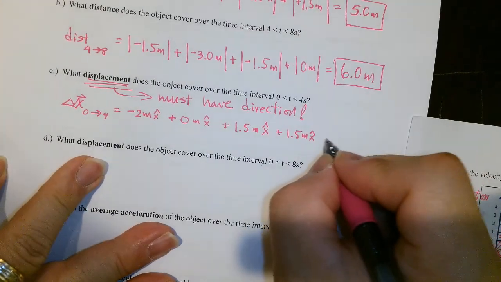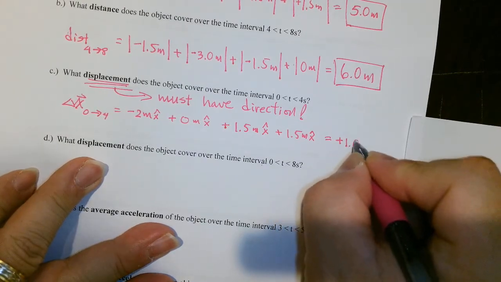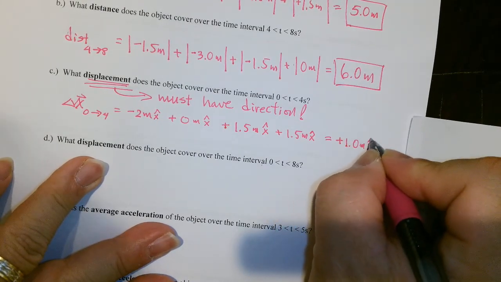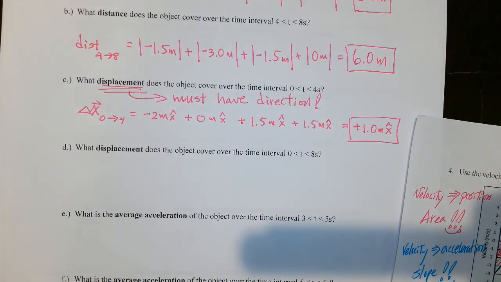So when I add them all up, I get positive 1 meter x hat as my displacement or change in position from 0 to 4 seconds.